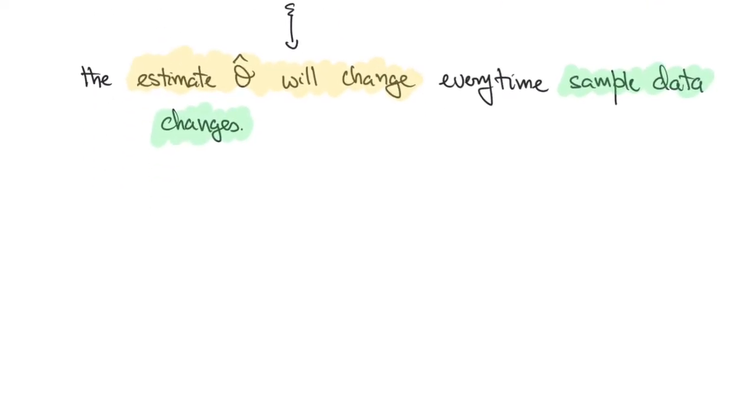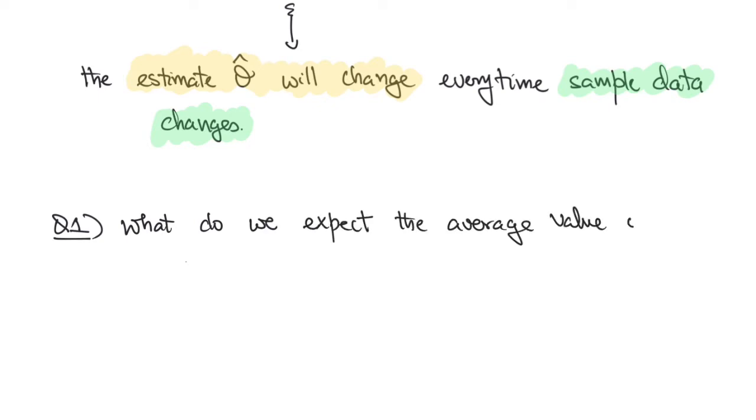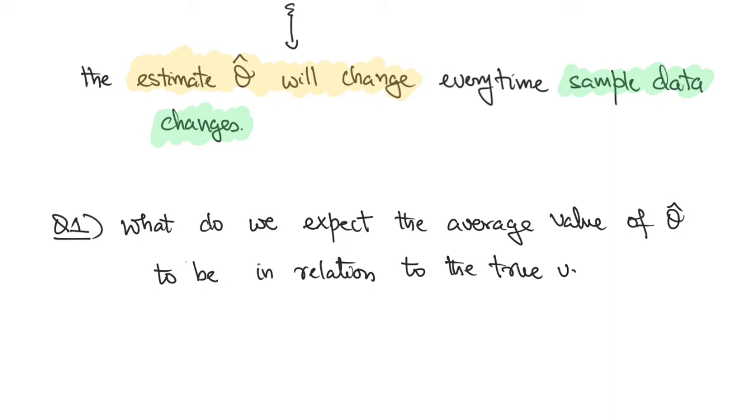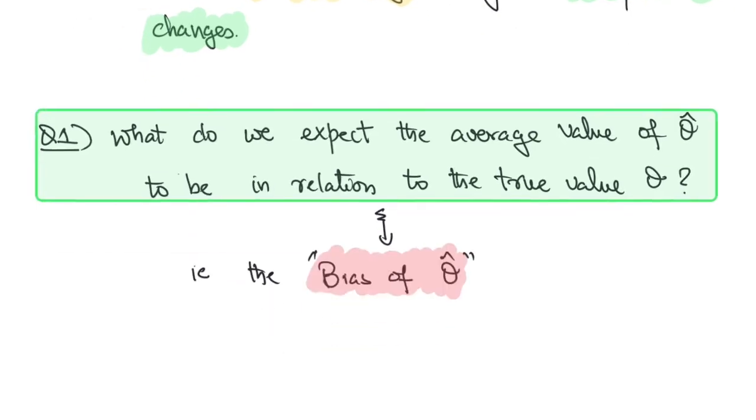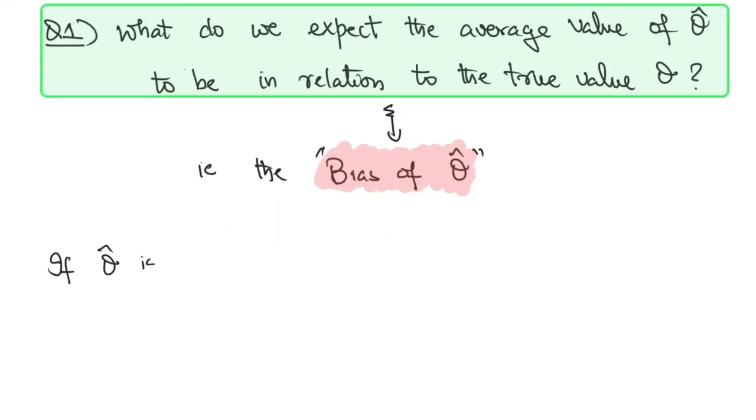We are, of course, led to a very natural question. What do we expect the average value of our estimator theta hat to be in relation to the true value theta that it is trying to estimate? To answer this question, we will introduce the notion of the bias associated to the estimator theta hat.